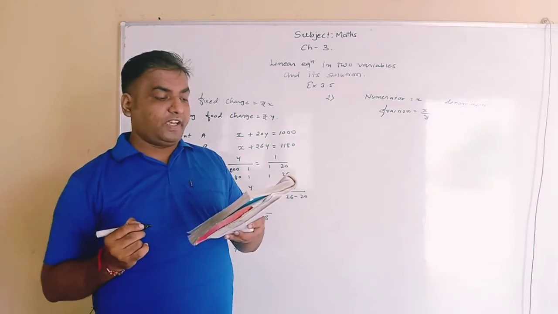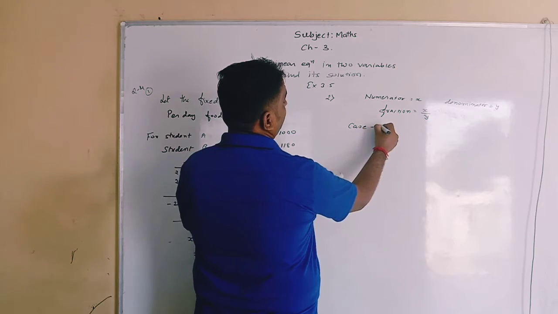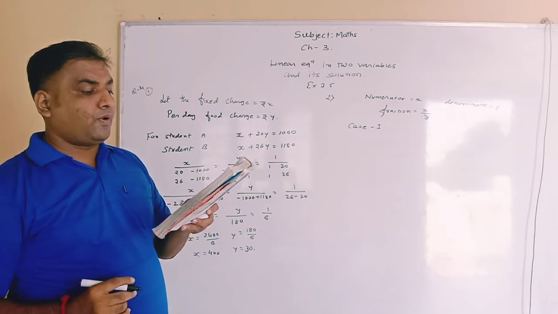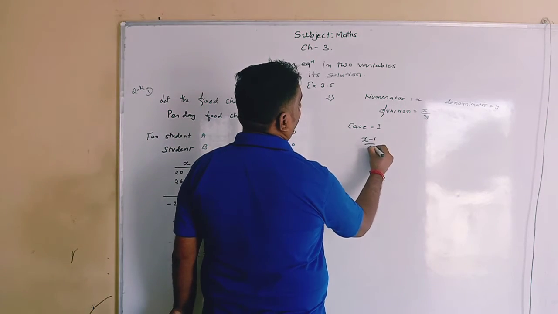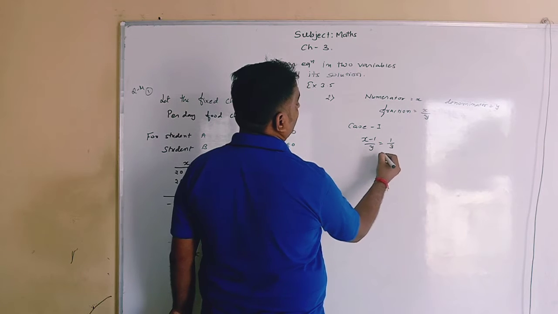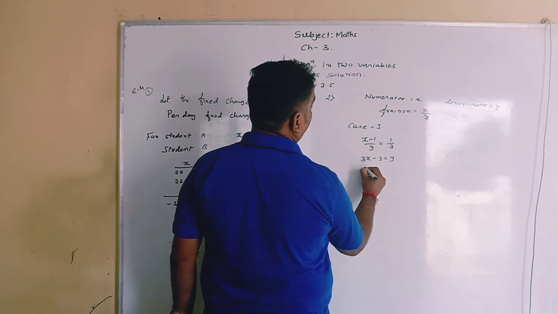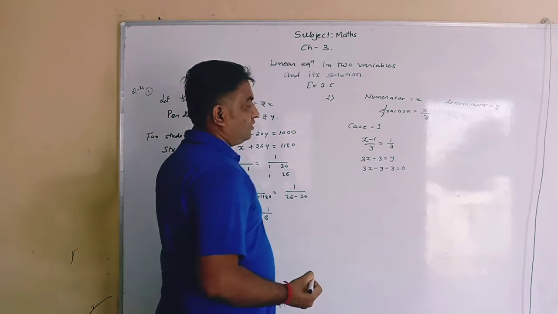Now as per case 1, when 1 is subtracted from the numerator, so x minus 1 upon y, then it becomes 1/3. So by cross multiplication we get 3x minus 3 equals y. So 3x minus y minus 3 equals 0.